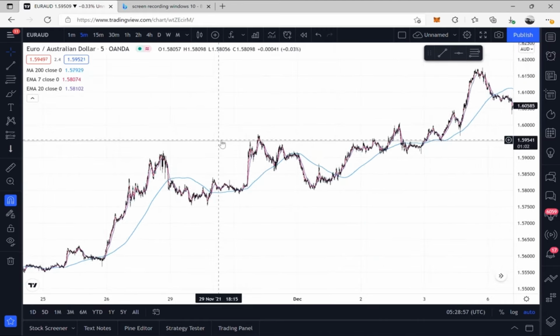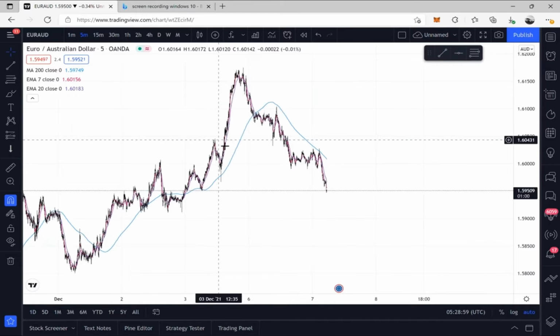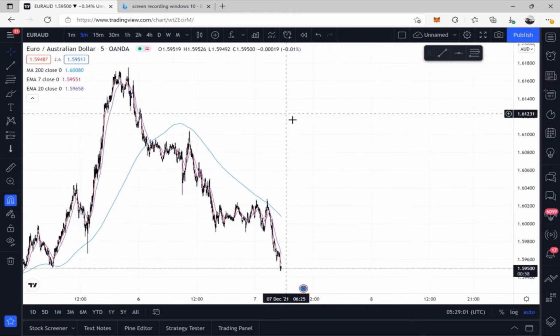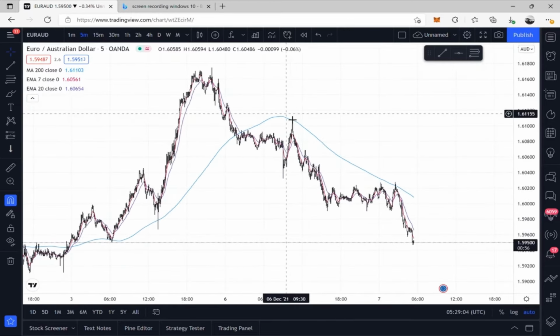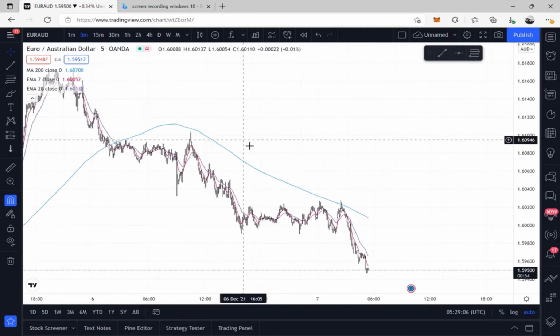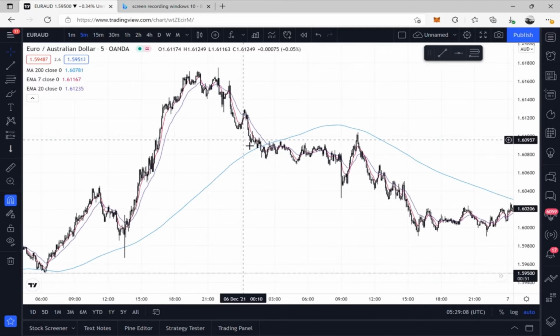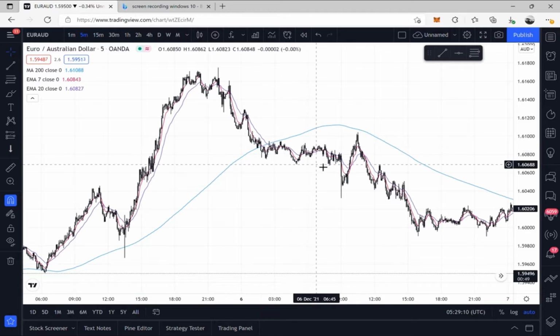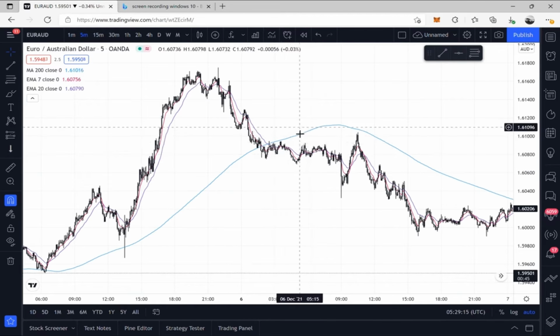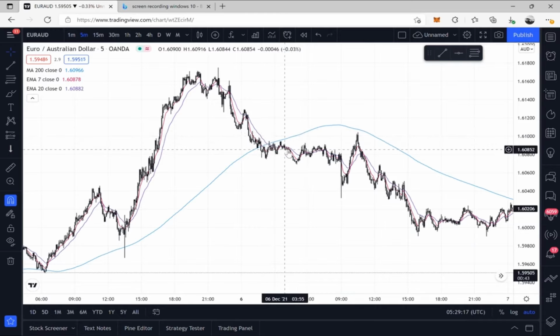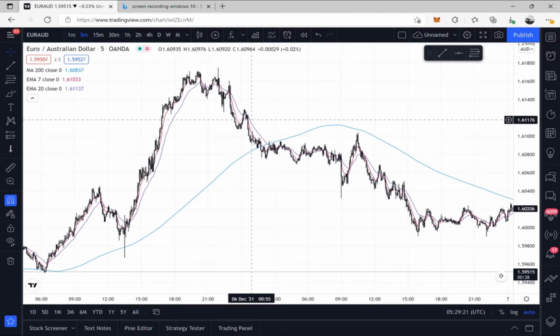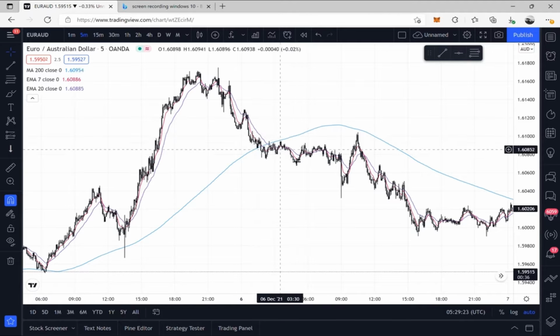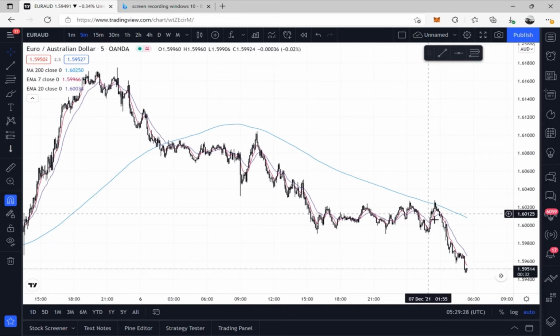So step one is to find these crosses, and the market is trading below the 200 length moving average, and when these two exponential moving averages cross from above, that indicates the market is in a sell, and vice versa.